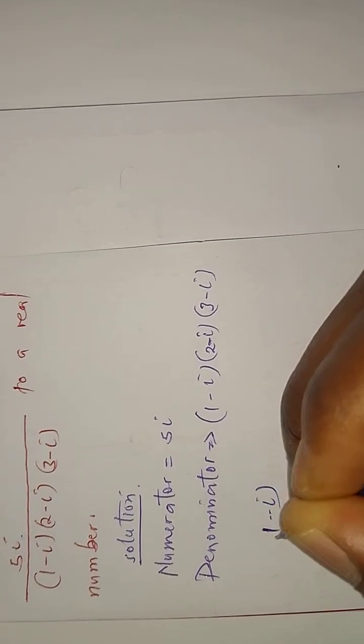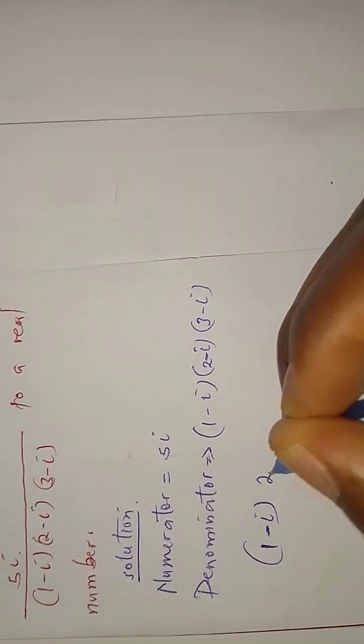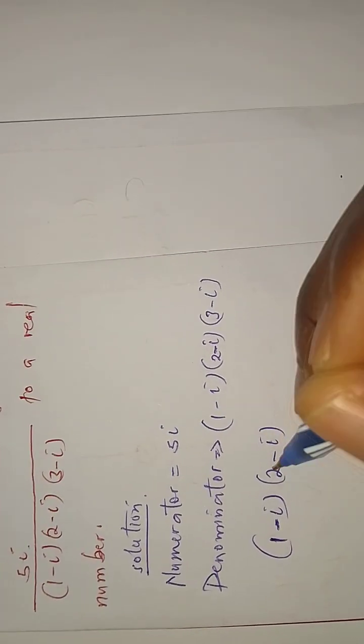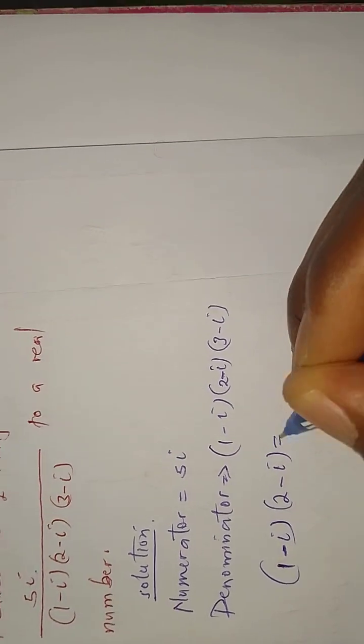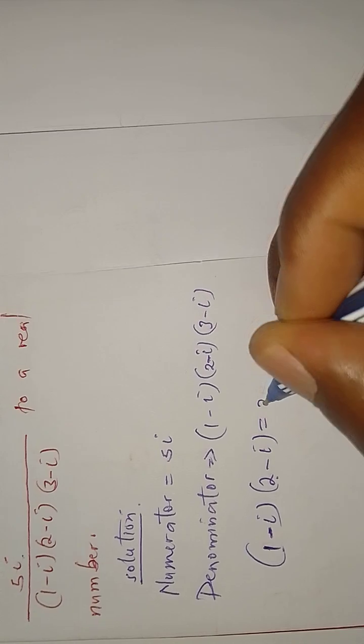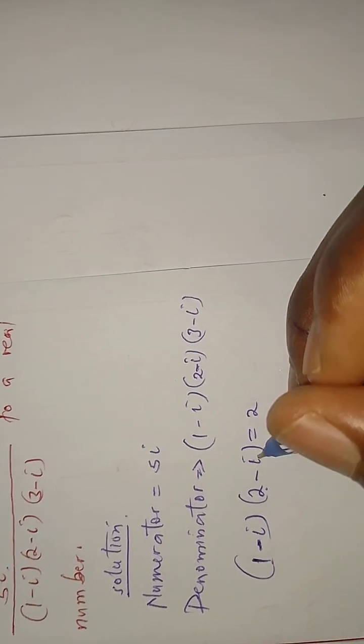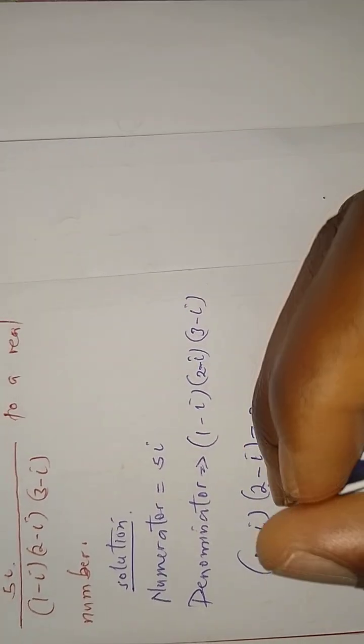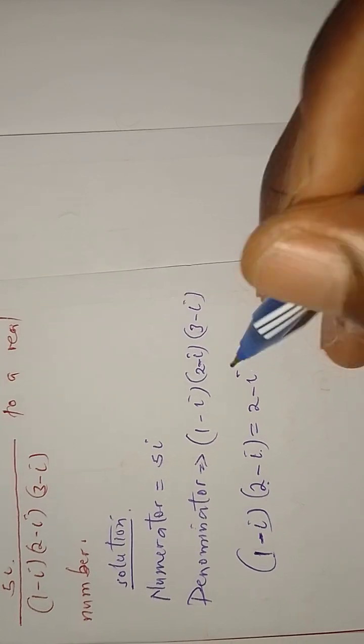Multiplying the first two, 1 minus i and 2 minus i. 1 times 2 is 2. 1 times negative i is negative i.